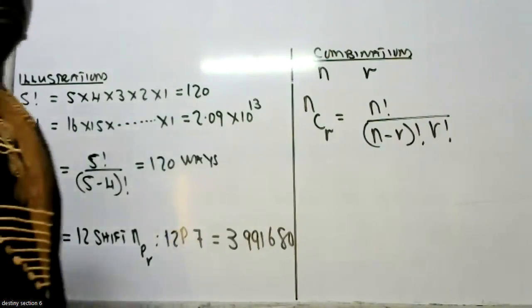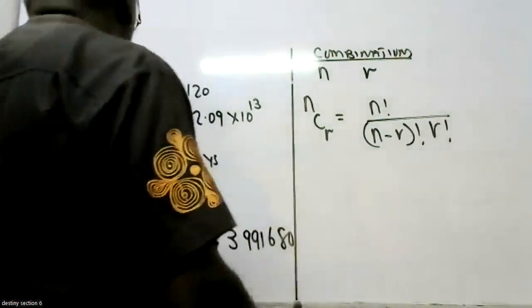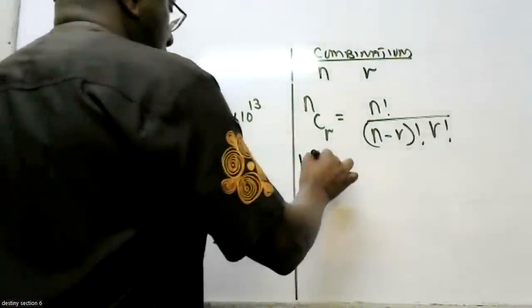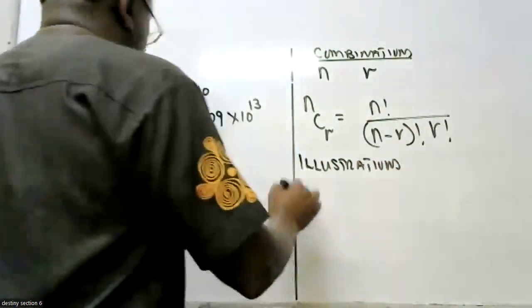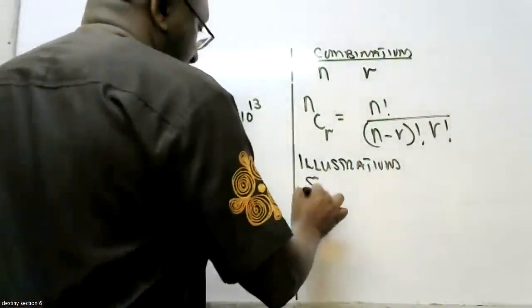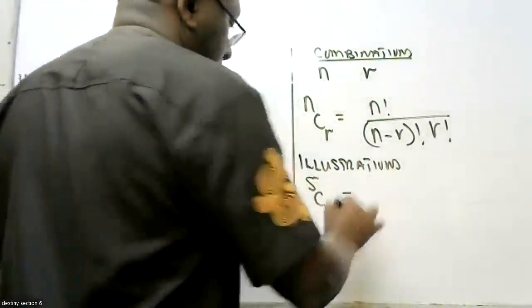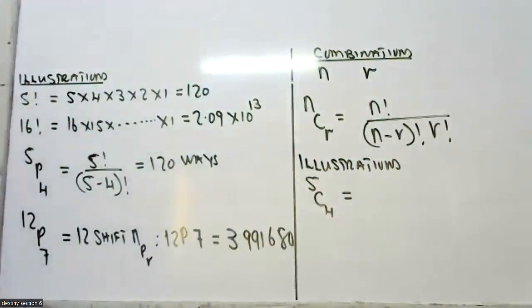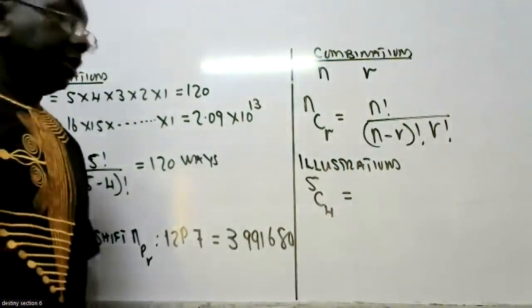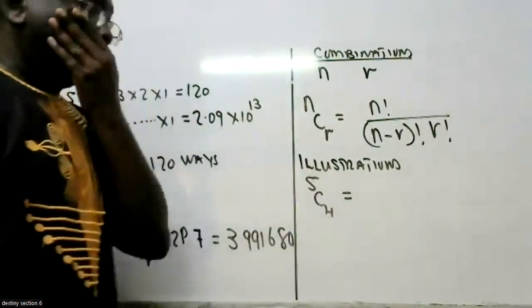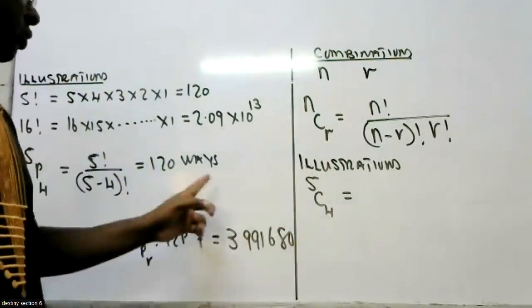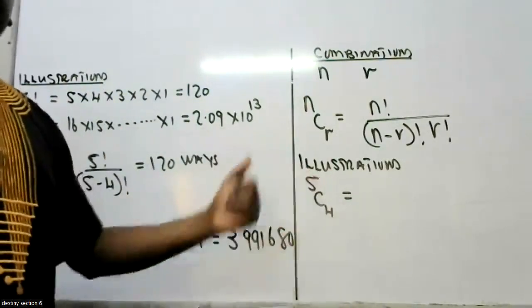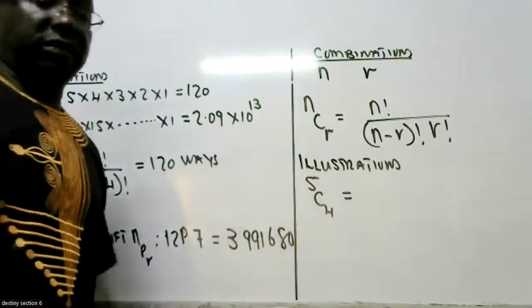We use the same procedure when using a calculator. Illustrations. If you are told to give me 5 combined 4, our calculator requires you to go through shift again, but some other calculators do not require shift.